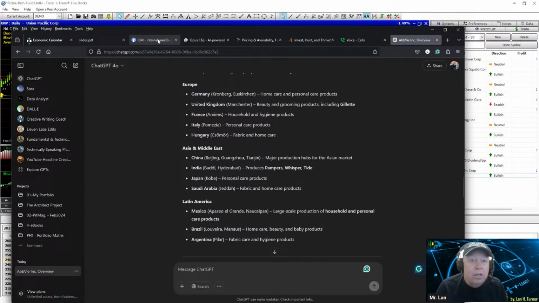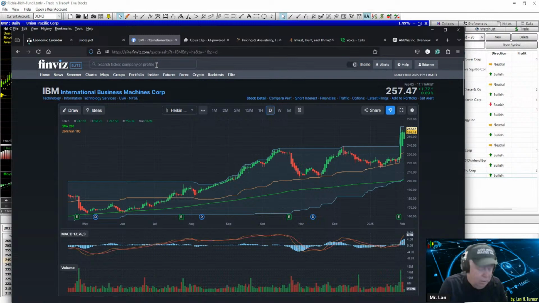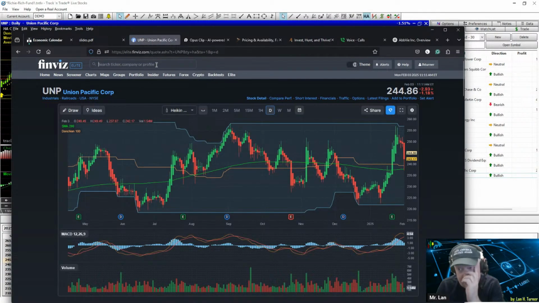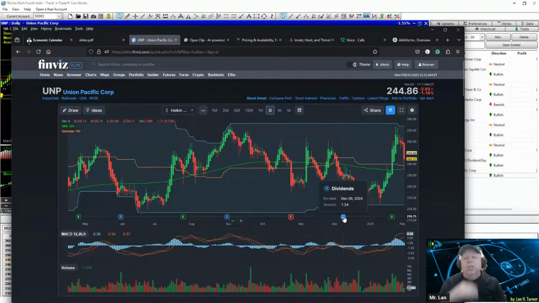Okay, we got to go here. UNP. UNP's dividends are $1.34 a share, and their shares are $242. So on $24,000, every 3 months you get $1,340. That's pretty cool. Can't stick that in your eye.